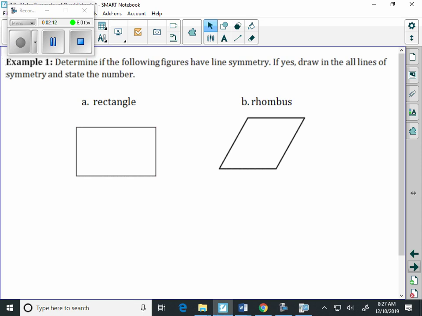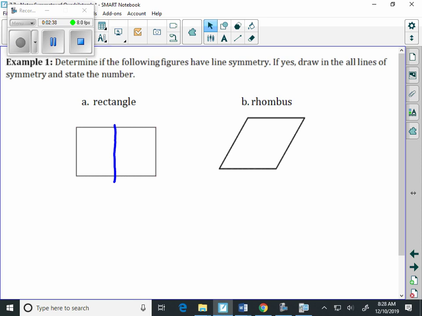Our first one, when you stop and think about it, there's really only 2 ways to draw in the lines for something to be symmetry. We can draw in a vertical line right down the middle.